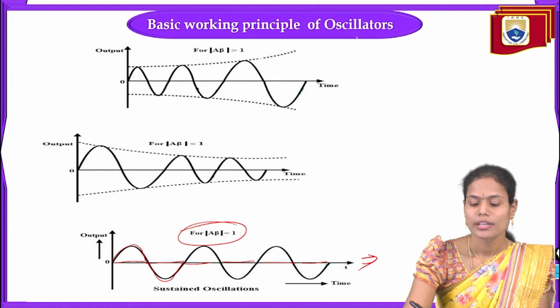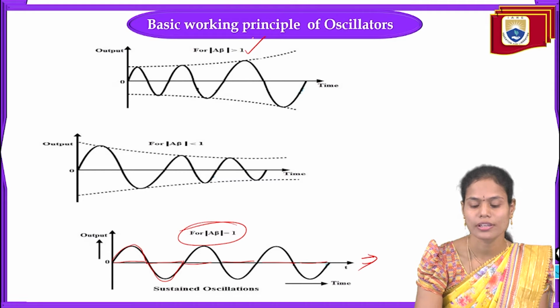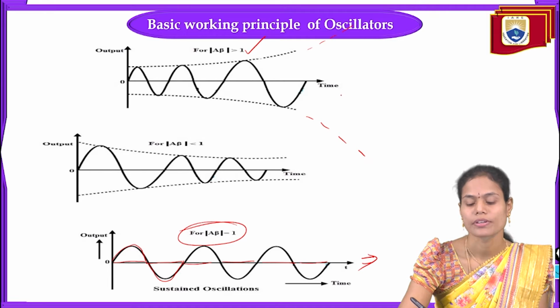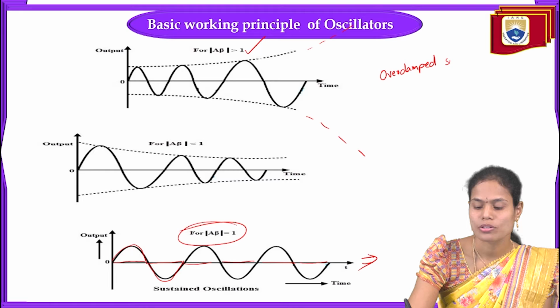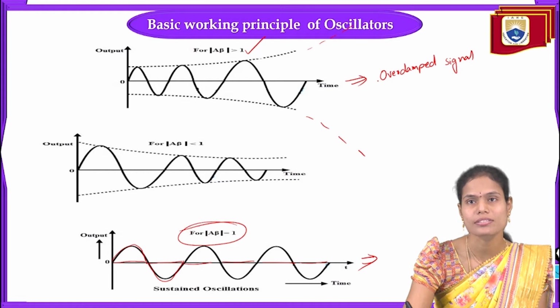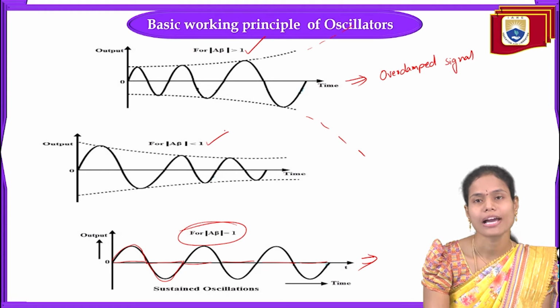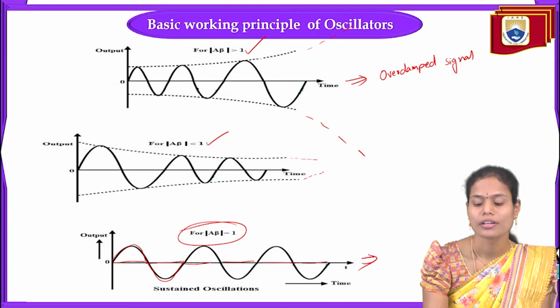Suppose I give my Aβ value as greater than 1, in that case the amplitude of the signal goes on increasing. So these oscillators we can call overdamped oscillators, and this signal we can call an overdamped signal. Overdamped means the amplitude is increasing. And suppose I maintain my Aβ value as less than 1, in that case the amplitude of the signal will decrease.